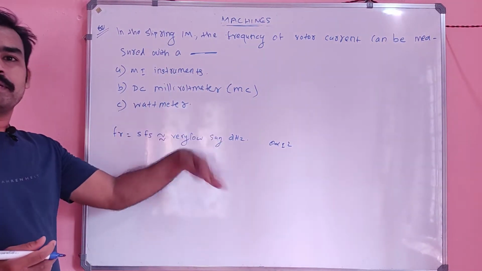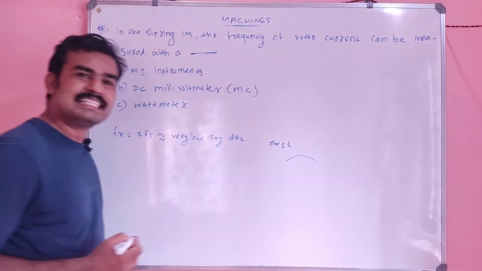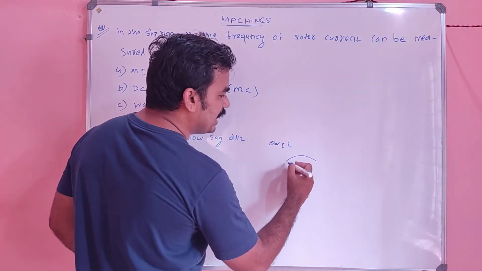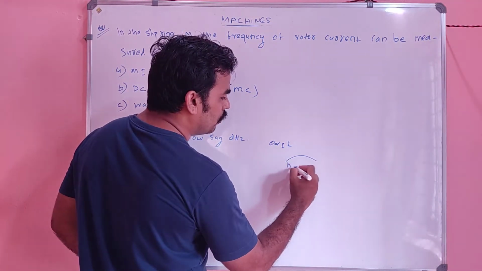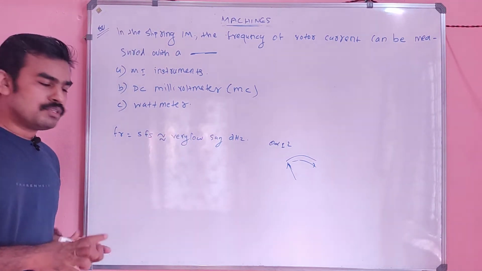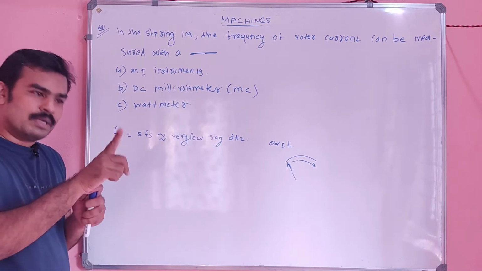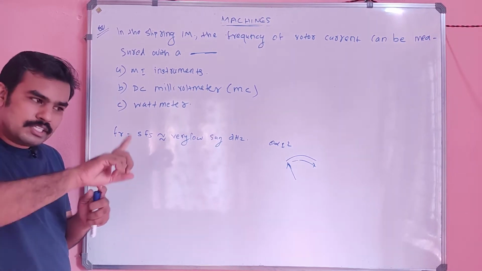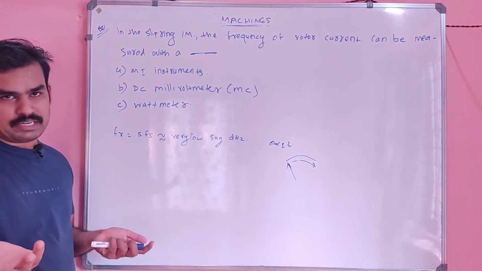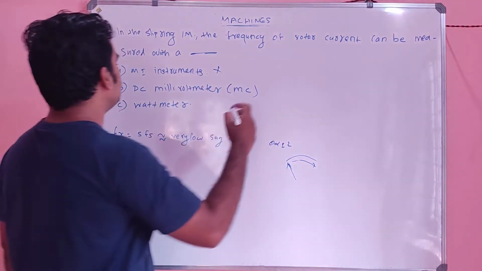For both negative and positive values it will square, and there will be a uniform scale only towards the positive side. So by using that MI type instrument, we can't measure the frequency because it won't deflect properly, there will be uniform deflection, so we can't measure that. Next one is the wattmeter.